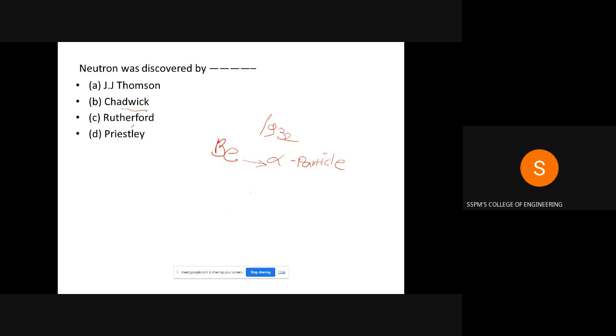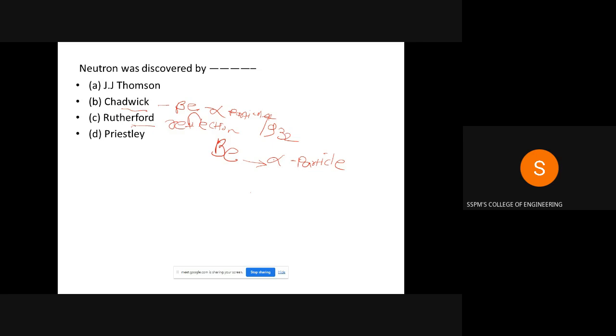This experiment is based on reflection. Then Chadwick bombarded beryllium with alpha particles. So you should know this history about who discovered neutrons.